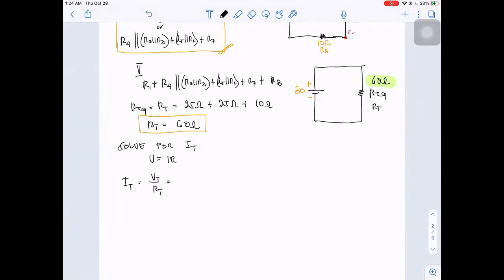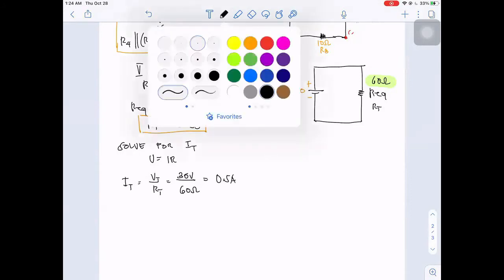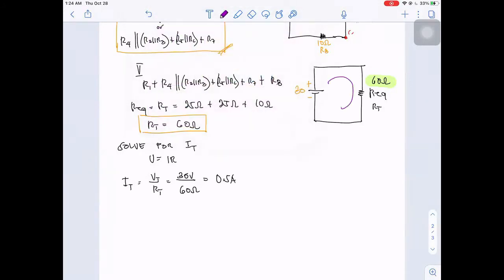This is 30 volts over the total resistance we computed earlier, 60 ohms. Therefore, our total current is 0.5 ampere, meaning there is 0.5 ampere flowing in the entire circuit.